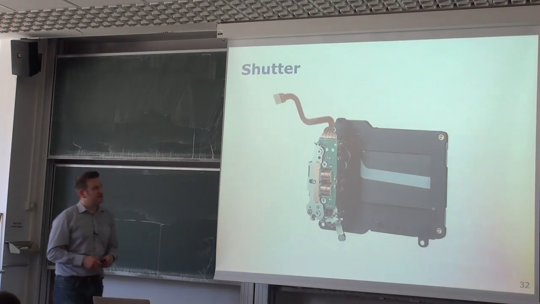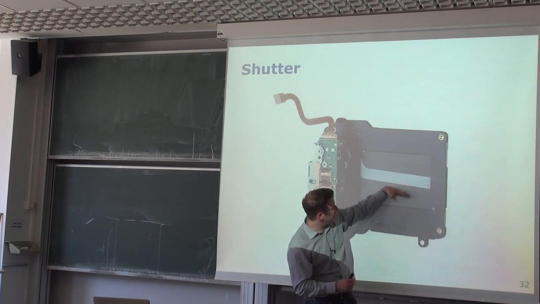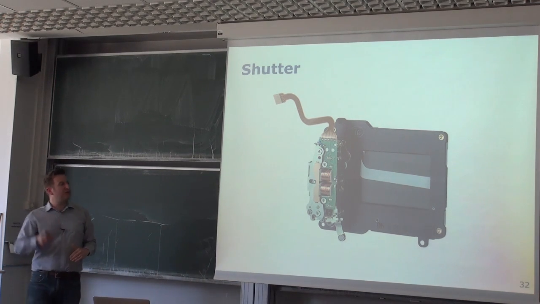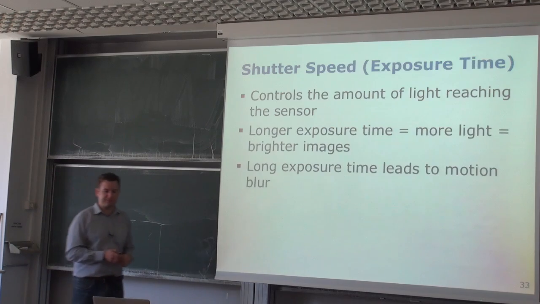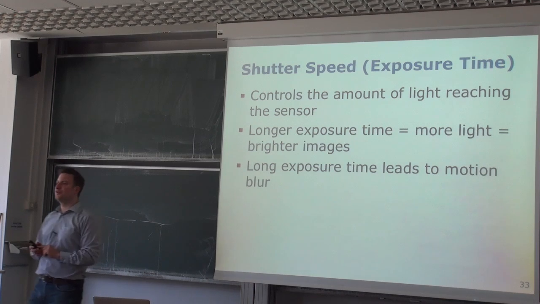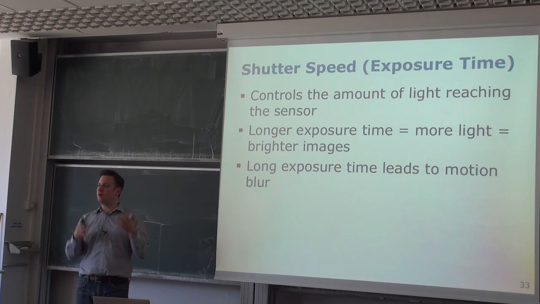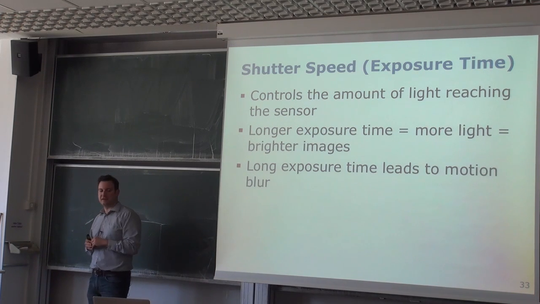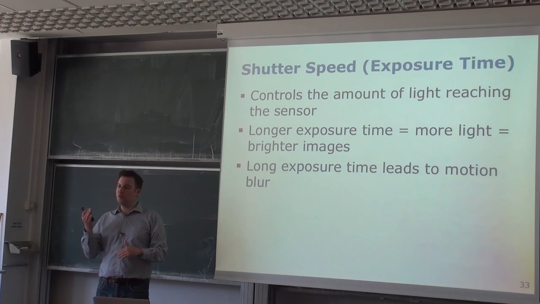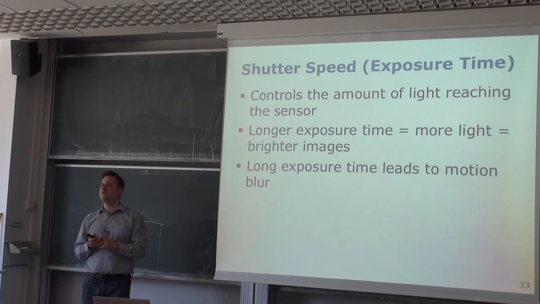We have also this good old analog shutter, which can either open up at once or generate a slit that slides through the image in order to expose the image for a certain fraction of time. So the shutter speed basically controls the amount of time that I expose, traditionally the film or the chip, if I have this kind of technique in a digital camera, to expose the light-sensitive material with light for a given amount of time.